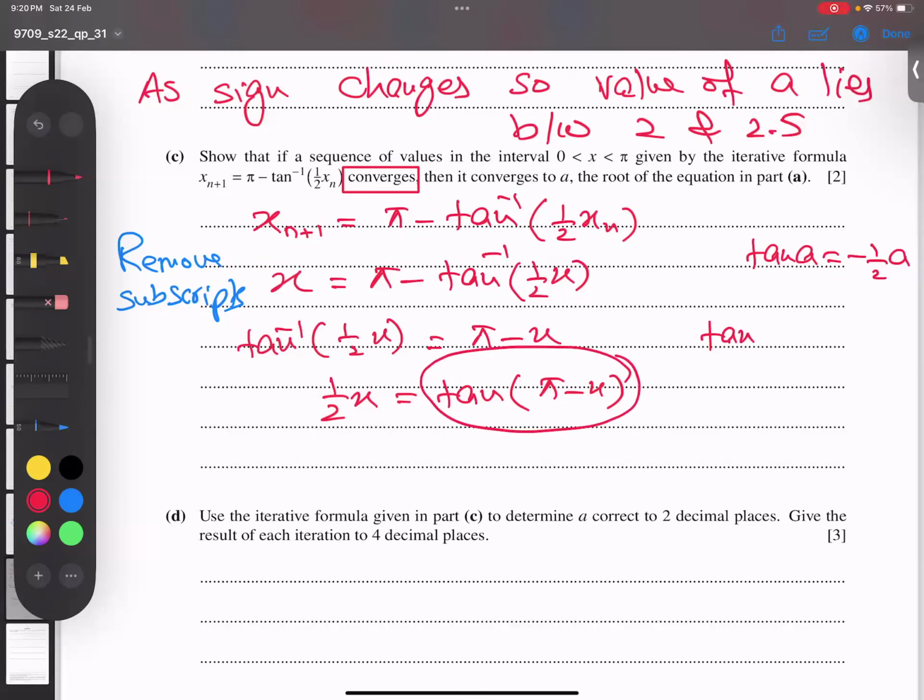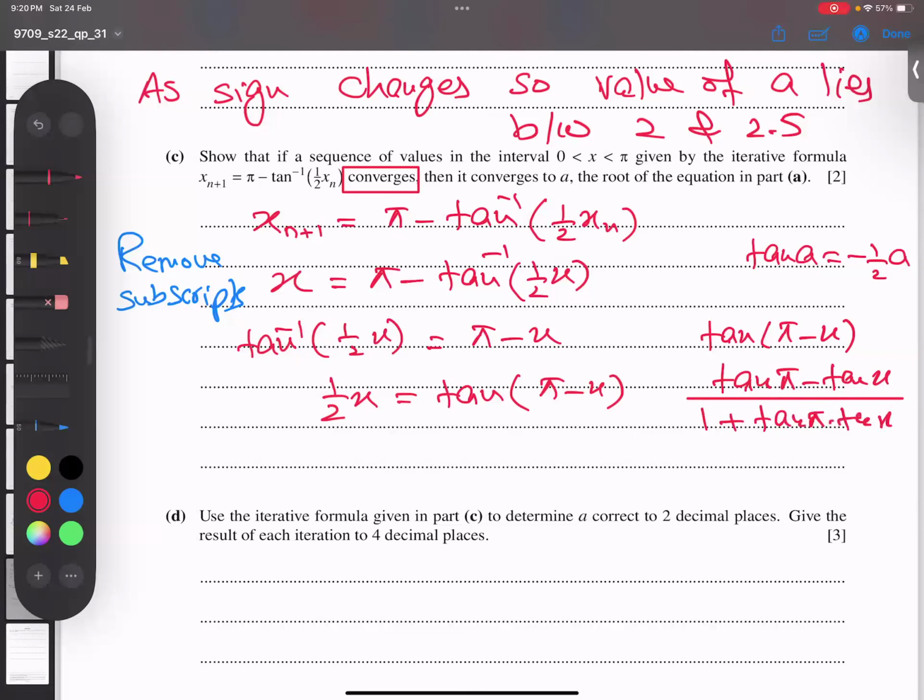This is a formula available in the formula sheet, or if you don't know it, apply the fundamental law: tan pi minus tan x over 1 plus tan pi into tan x. tan pi is 0, you can check in the calculator. So this is 0 minus tan x, and this is 0, so the whole term is gone, one is left below, and ultimately my value is coming as negative tan x. So alhamdulillah, tan x is coming from here, and this negative you shift to the other side, so it will convert into this format.